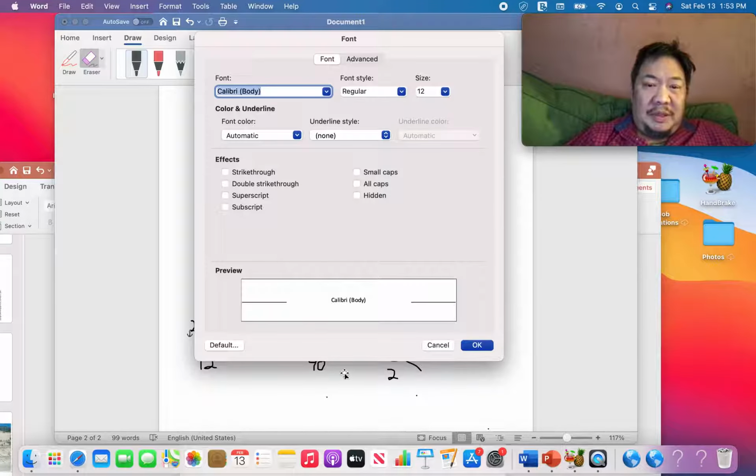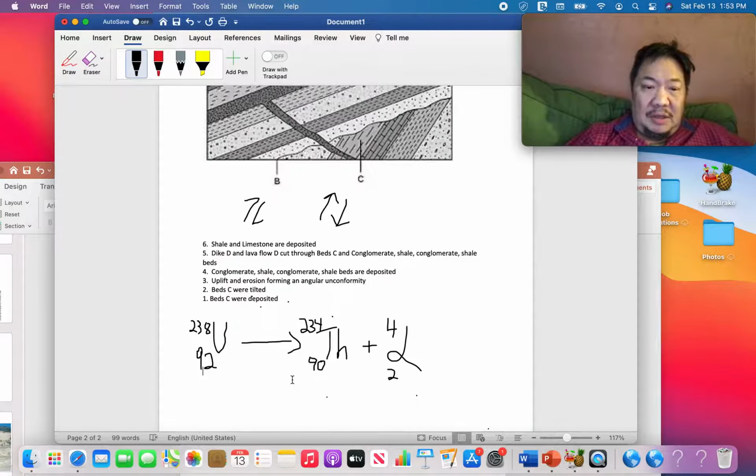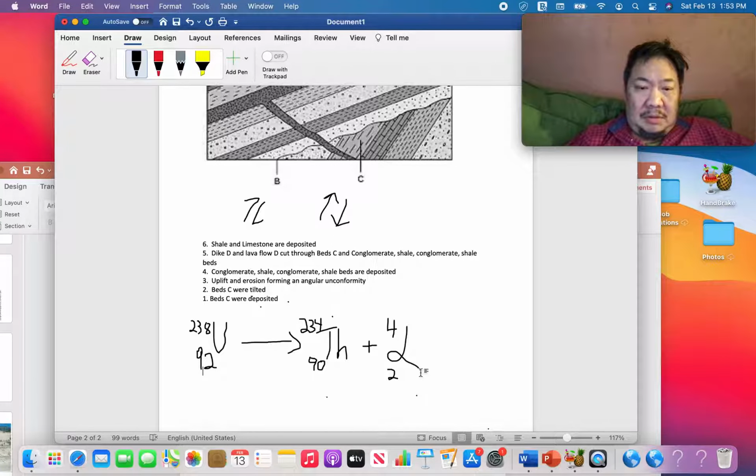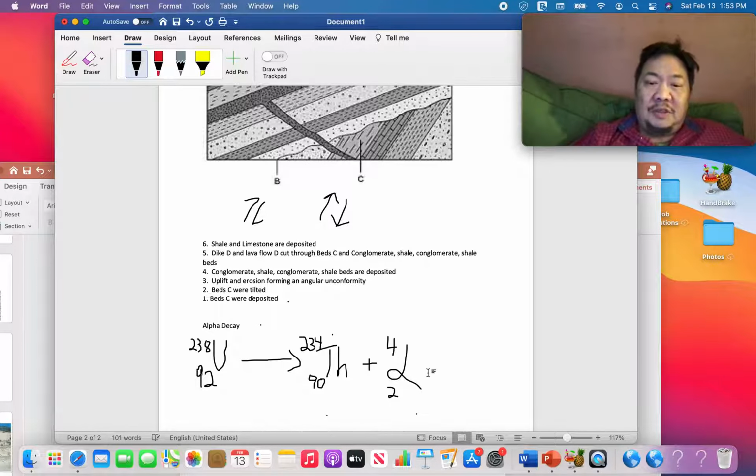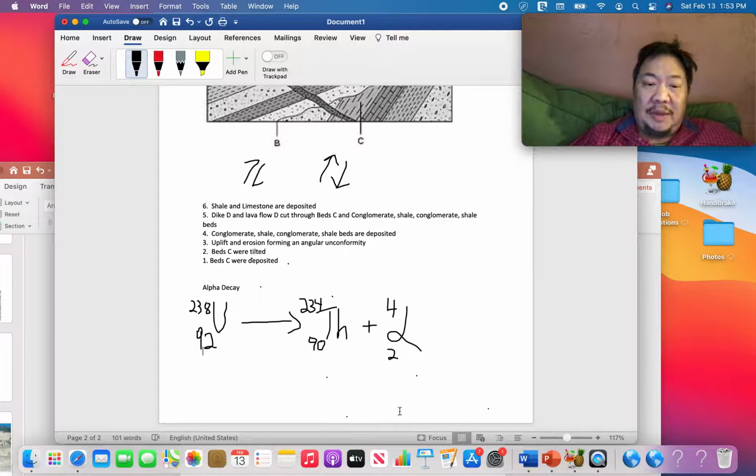Okay, the wheel's spinning, so let's see here. We call this type of radioactive decay alpha decay. This is the first type of radioactive decay that we need to learn about. It's called alpha decay.